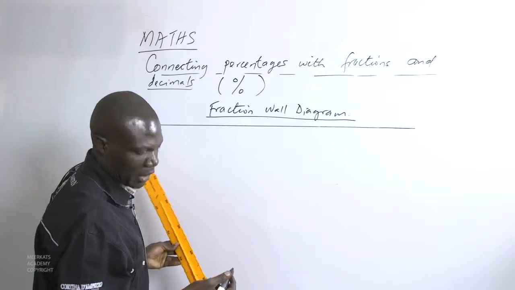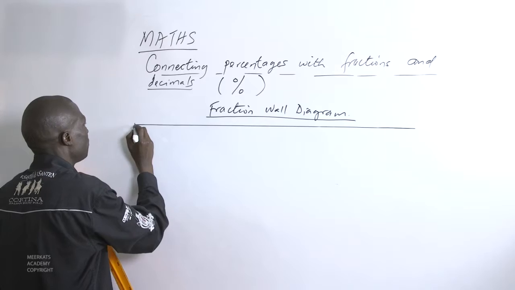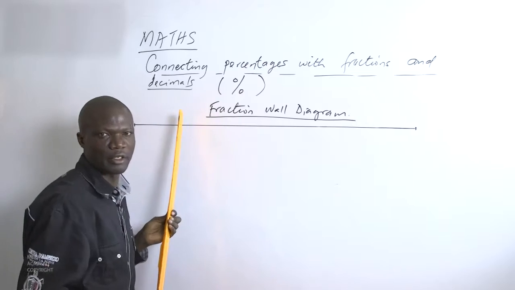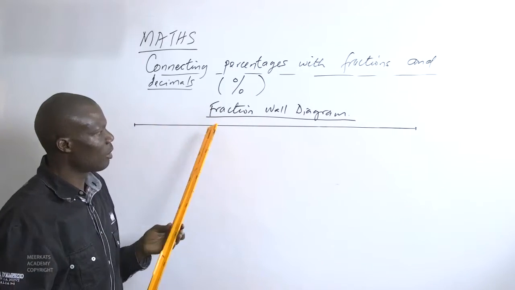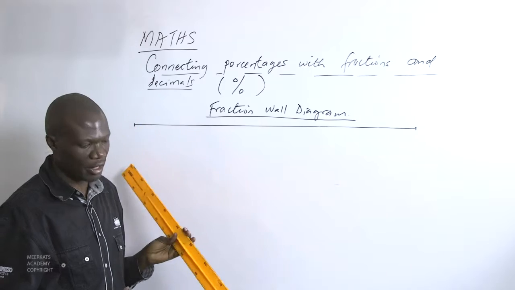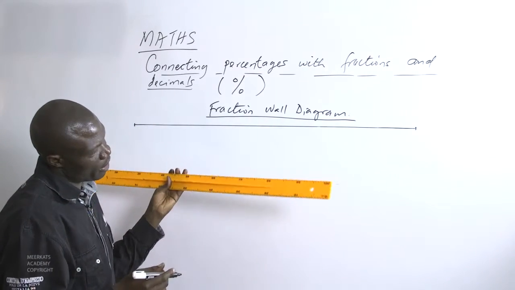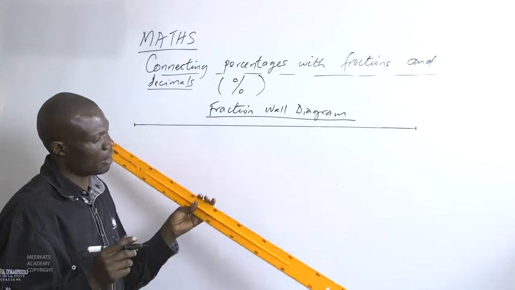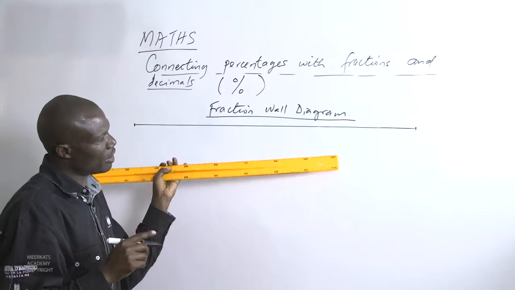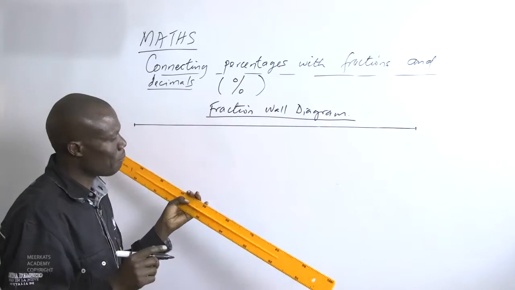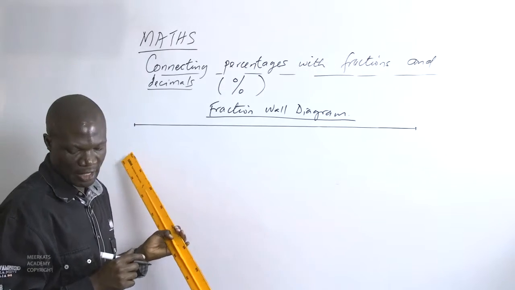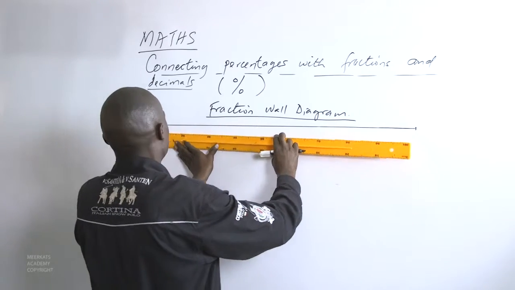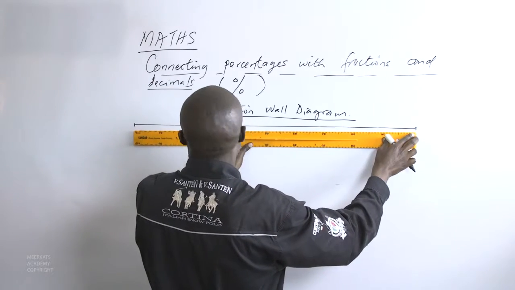So the whole of this line is simply 1 meter, which is equivalent to 100 centimeters. We are going to divide it into smaller units. I want this line to be divided into 10 parts, where the 10 parts here are going to represent the smaller units of this particular ruler.